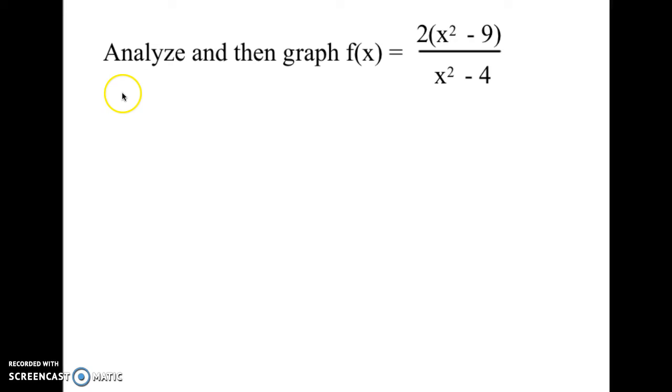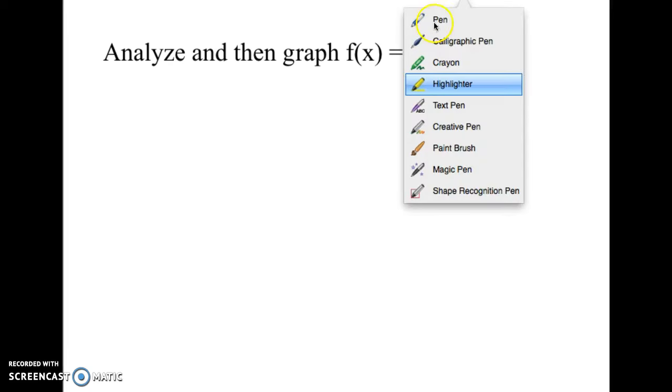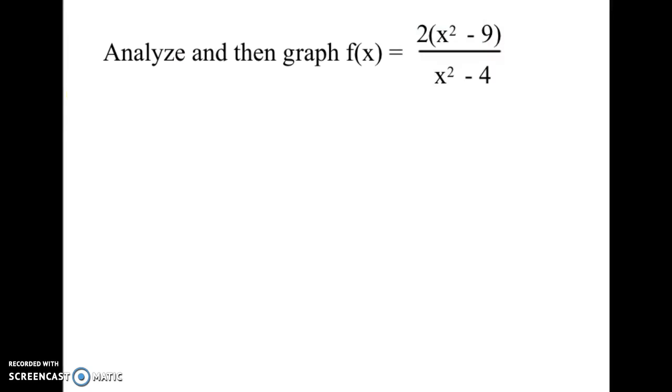If we have 2 times the quantity x squared minus 9 over x squared minus 4, the first things we would probably look for are discontinuities. Discontinuities are where the denominator equals 0. So where does x squared minus 4 equal 0?